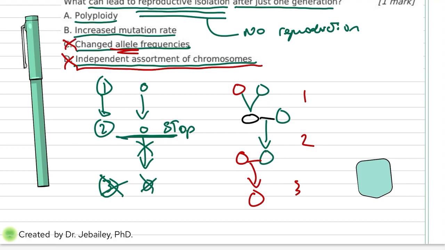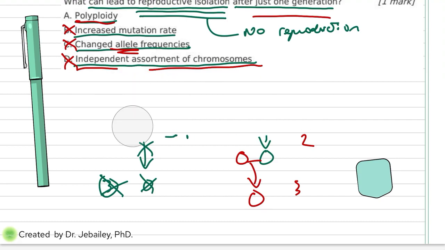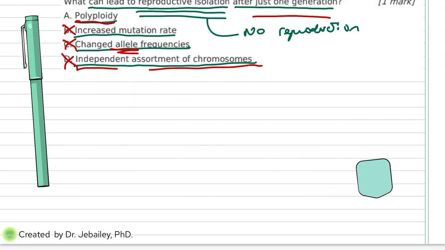Increased mutation rate. Now, mutation rate will cause changes in one or two generations, but it doesn't mean that it stops the generations. You can pass on the mutations to the third, fourth generation. It doesn't matter. Now, polyploidy. How would polyploidy work? Sometimes you will have a 2N crossing with a 2N, and you will get a 4N.